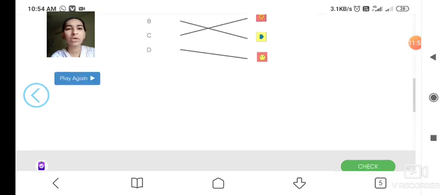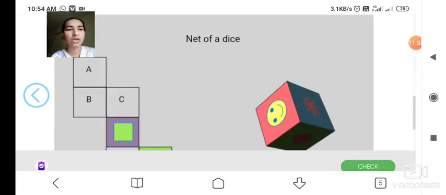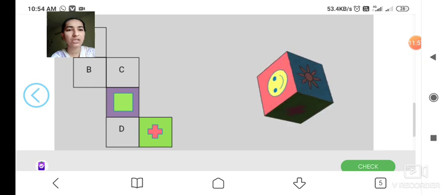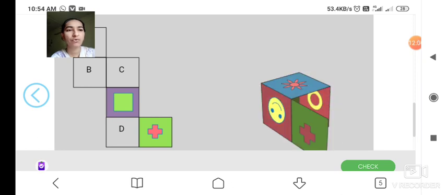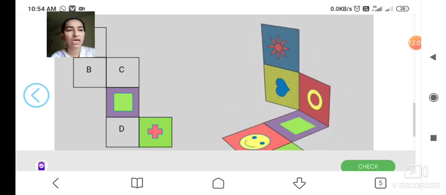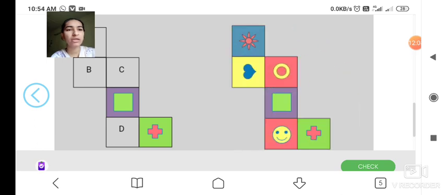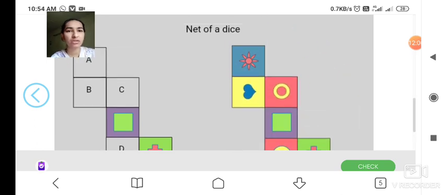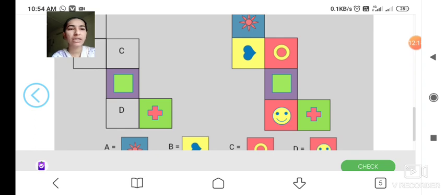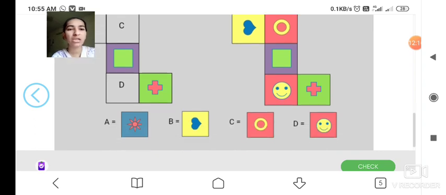at home you can make this also. Now let's take a net of a dice. See, the dice looks like this. If we open that dice, we will get a net similar to this. So A indicates this figure, B indicates the heart shape, C indicates the circle, and D indicates the smiley face.